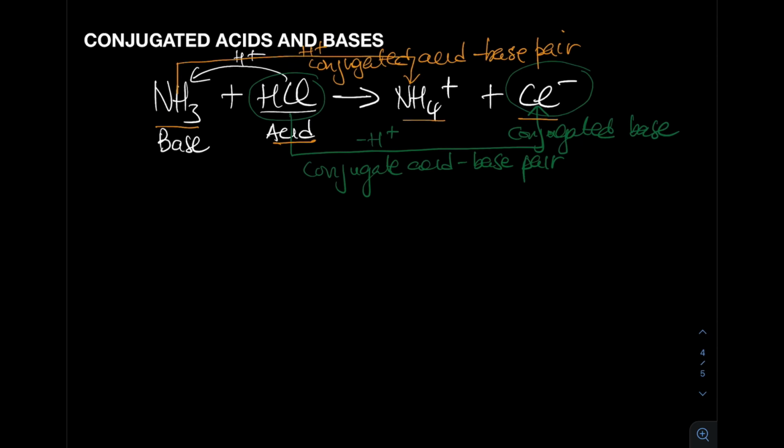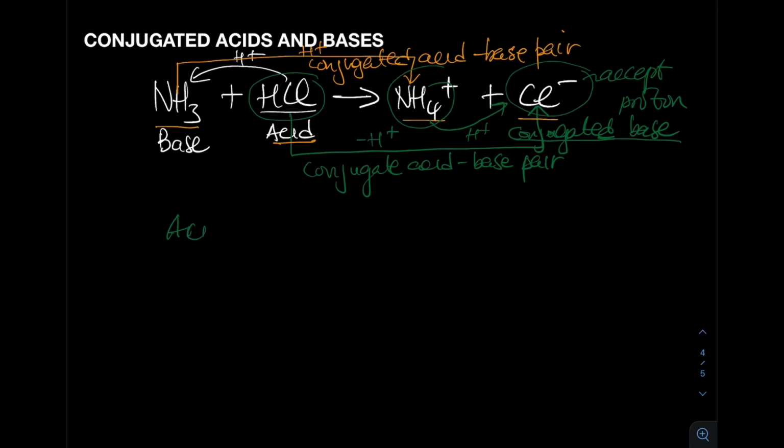Base. Why do we call it a conjugate base? It's because it can now accept a what? A proton. So remember guys, these are reversible reactions. If this ammonia can donate a proton to it, it will be able to accept it, right? So that's why we call it a conjugate base.